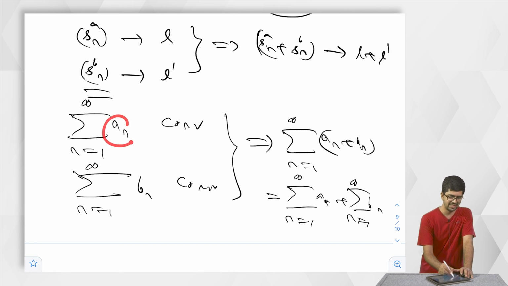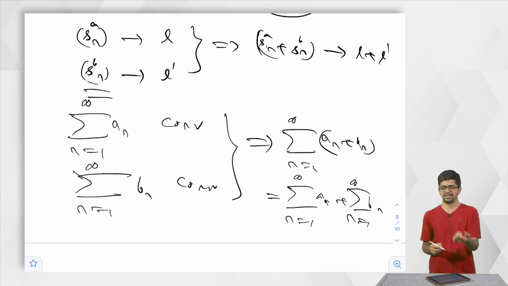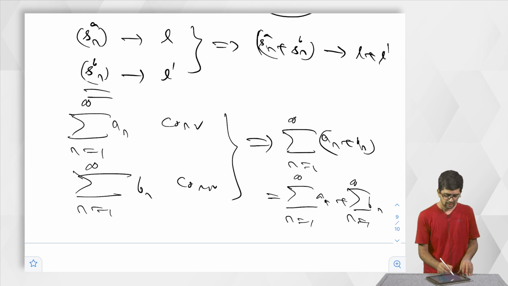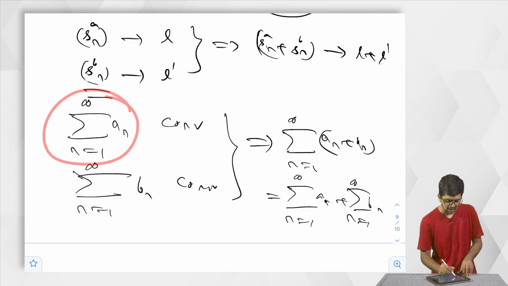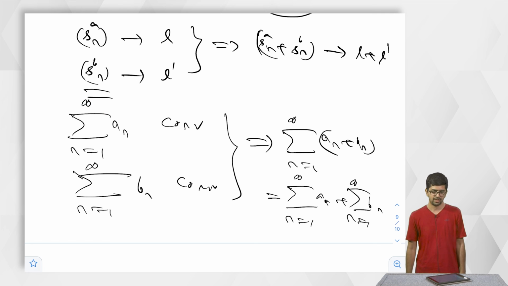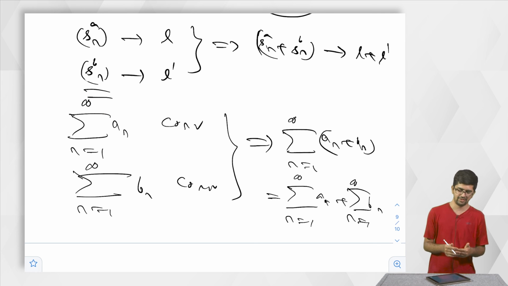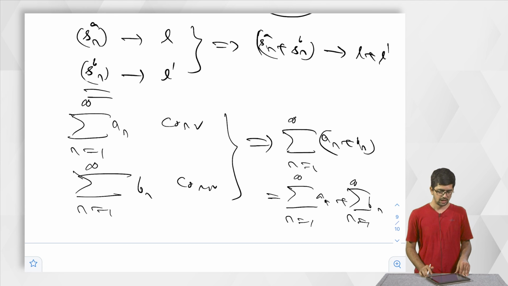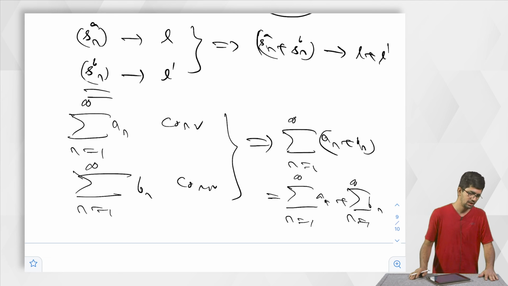Suppose we have a sequence an, we multiply it by some element alpha, non-zero, though zero doesn't really matter. Then if it is convergent, then alpha times it is also convergent, and this alpha just simply comes out when we are taking the corresponding limit. When we are checking for corresponding convergence, the alpha simply comes out.